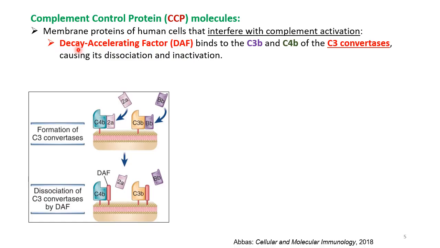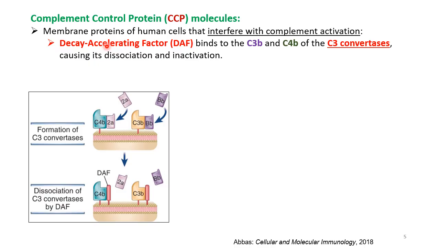So here is an example of a control protein that is called decay accelerating factor. Now, if you think about the name of this protein, decay accelerating, it means that it's going to speed up the breakdown of active complement proteins.